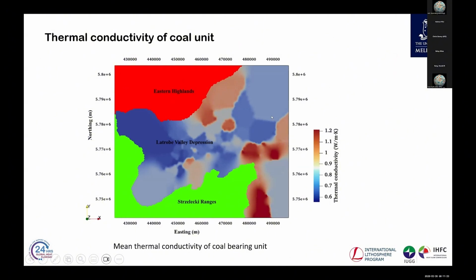If you go toward the east or toward the north and south, the coal proportion gets lower and thermal conductivity becomes higher and higher. So this is the map of the mean thermal conductivity of the coal bearing unit we calculated.